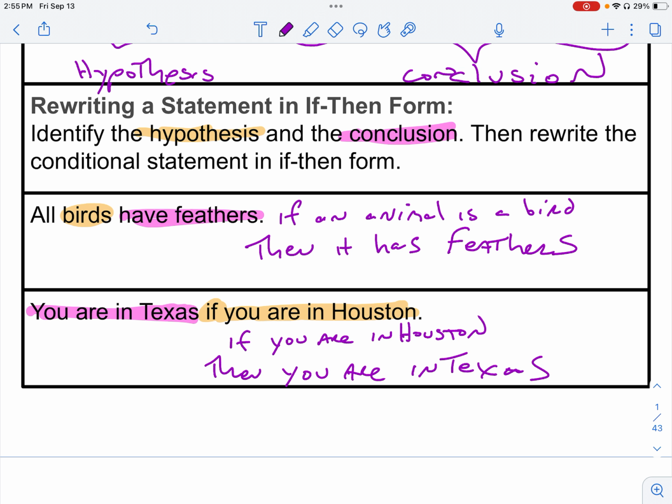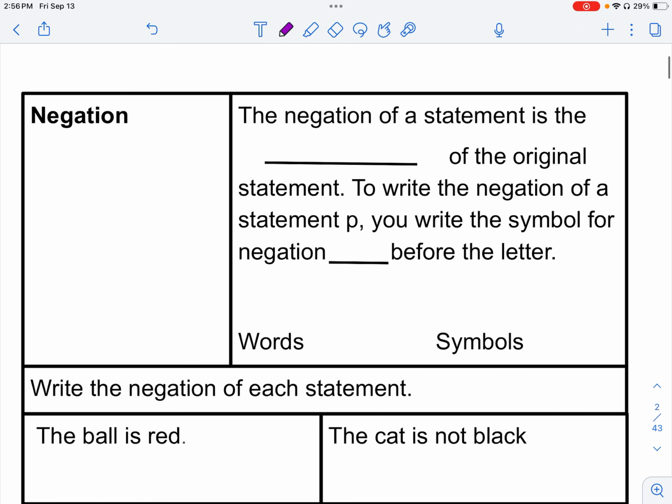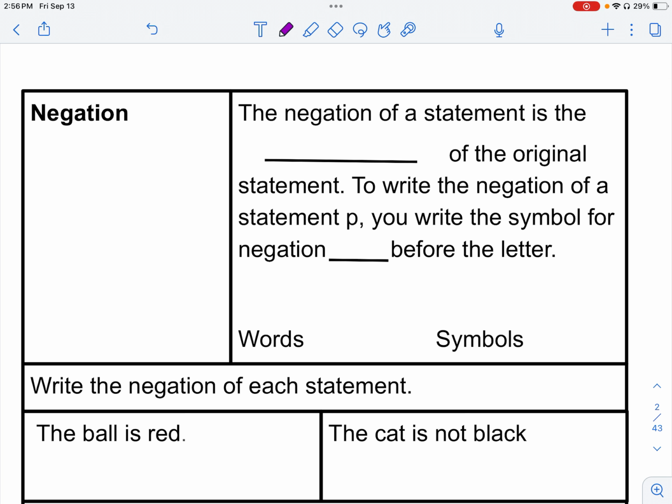So just another example of it. And the reason we like the if-then form, it lays it out nice and simple for us, so we can do things to it. For example, we could negate it. Well, negation sounds like negative, and in fact, when we negate a statement, we're going to take the opposite of the original statement. So to write the negation of statement P, we're going to write this little squiggle before the letter.